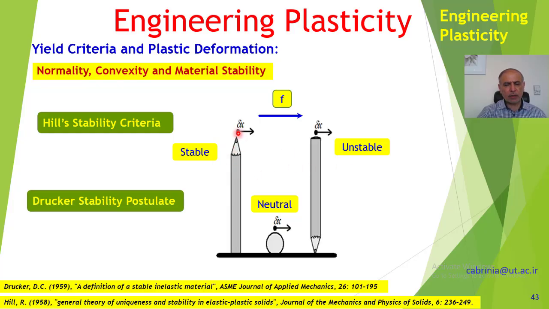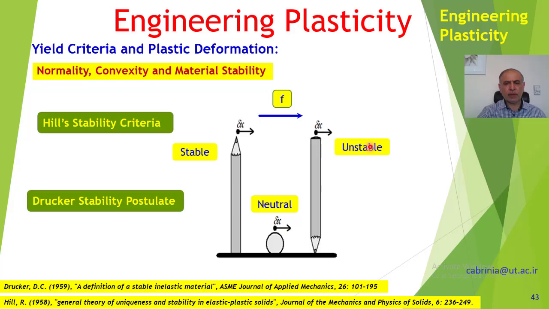But supposing that we apply a force such that we get a small displacement, delta x, and after we remove the force, the pencil comes back to its original place. So we say that it's stable. Now this one, clearly, with the smallest force that we apply, it will fall down.